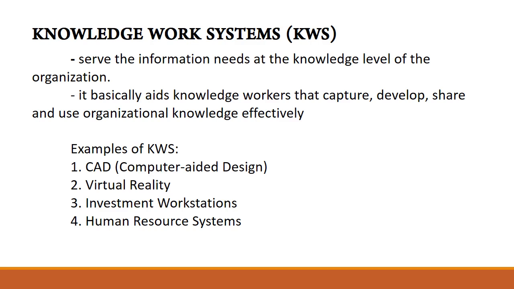Their jobs consist primarily of creating new information and knowledge. A knowledge work system is a specialized system built to promote the creation of knowledge and to make sure that knowledge and technical skills are properly integrated into business.